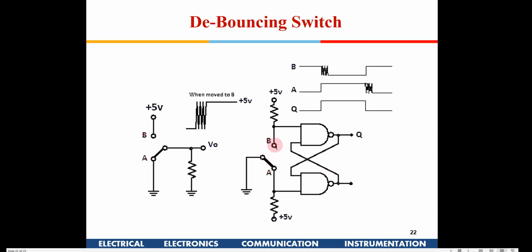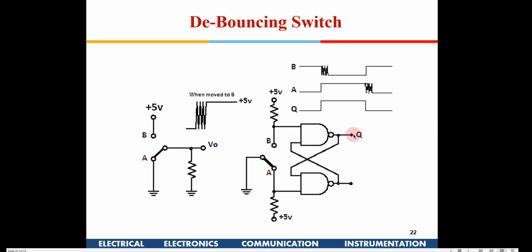So even if this switch goes there, bounces and again touches back 2-3 times, it doesn't matter, because the first 0 which came here gets transformed into 1 out here, and then that creates an additional 0 here. That 0 is available here. So you will find that the output is smooth, there is no bouncing happening here.